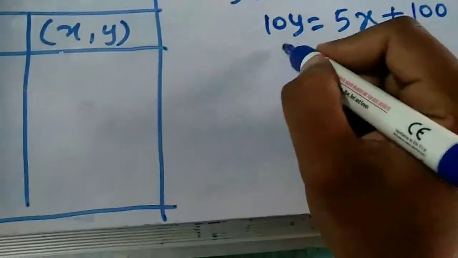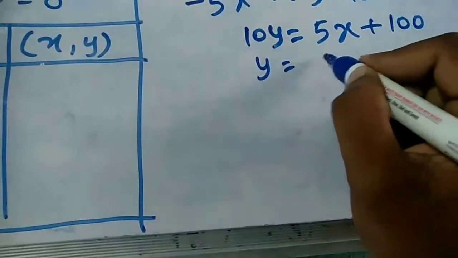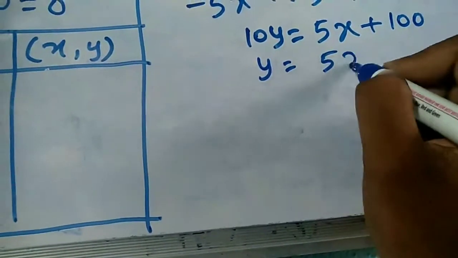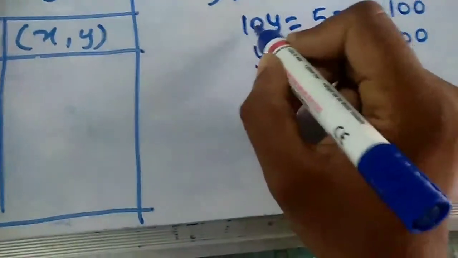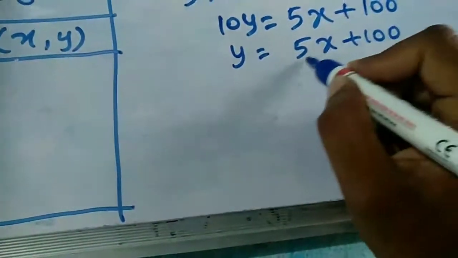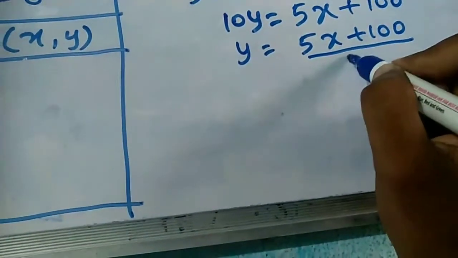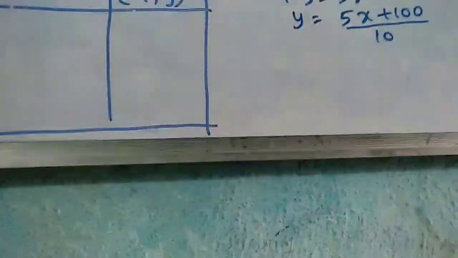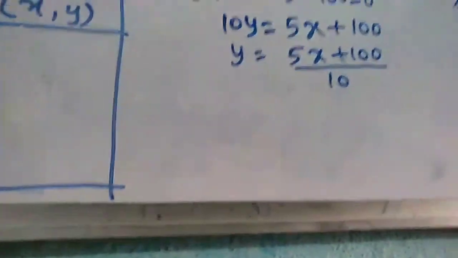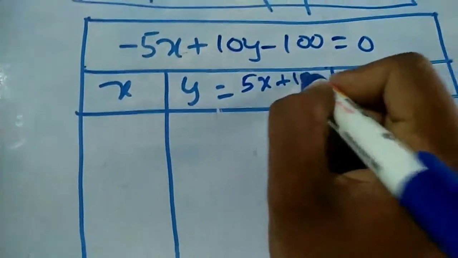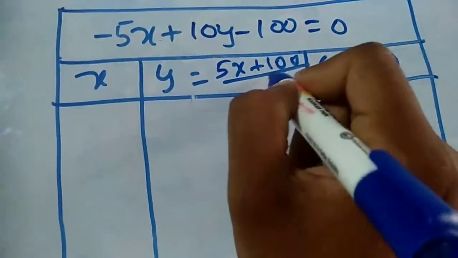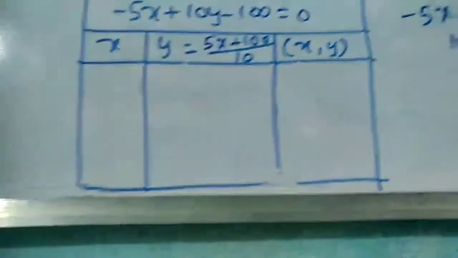Okay. Y is equal to 5x plus 100. Here 10 is multiplying, transposing means dividing by 10. So it is 5x plus 100 by 10.